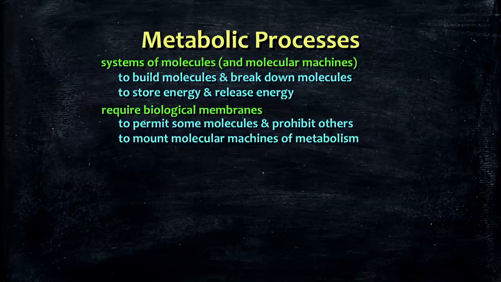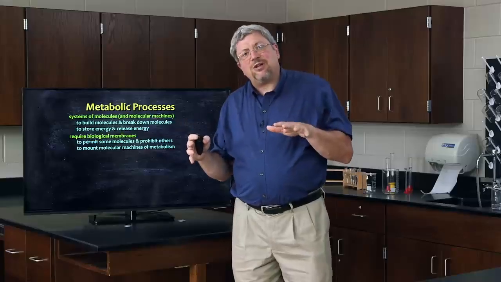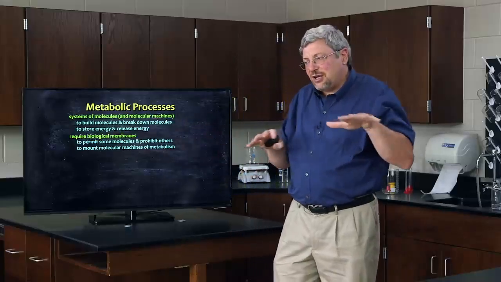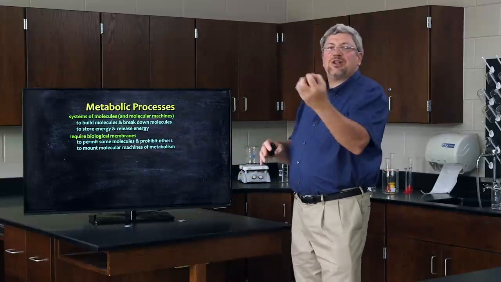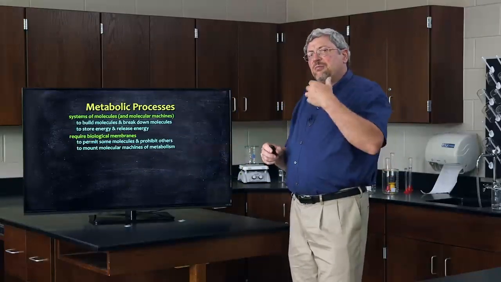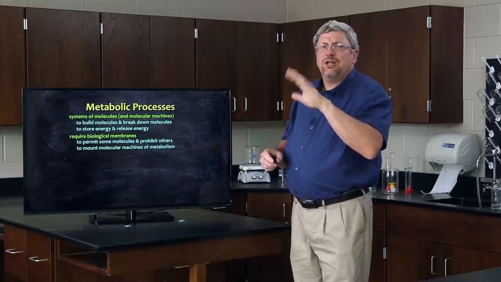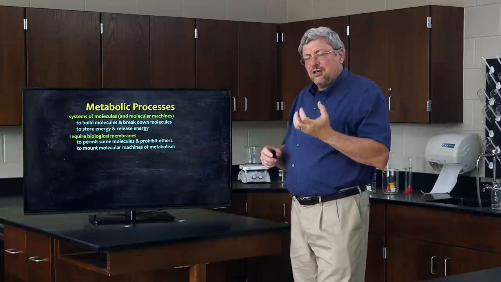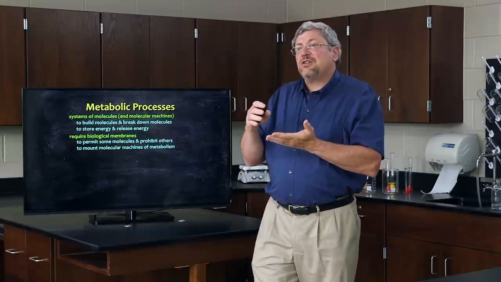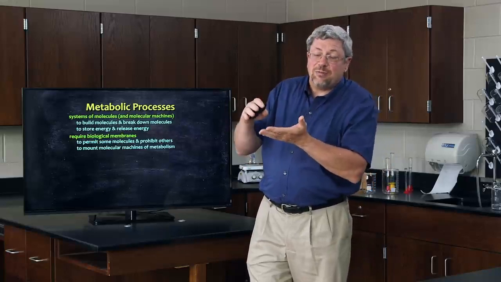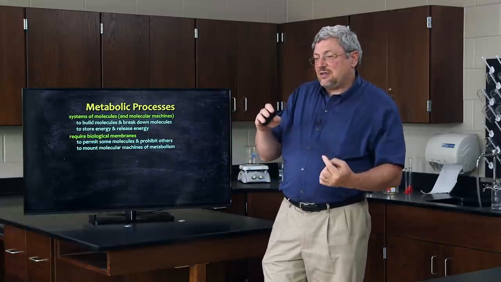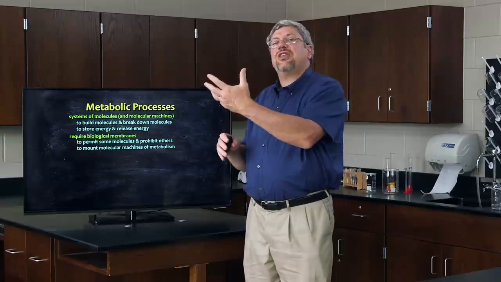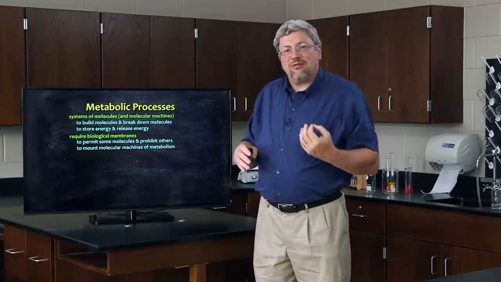These membranes have some interesting properties of their own. Not only are they nice surfaces to mount our molecular machines, but they do double and triple duty. They do other things for the organisms. One of those characteristics of membranes is that membranes allow certain things through the membrane, but not everything.